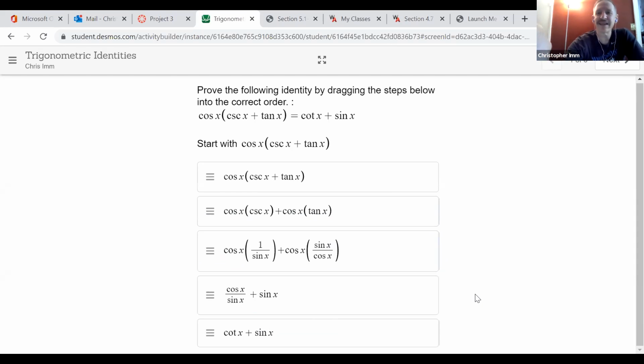So when you're doing these, my hope in making these projects is that they'll get you to think of a nice order to put these in, but they'll also have you work on one side to get to the other and think of the identities that I use. So to go from here to here, we use the reciprocal identity. Just be thinking about these things as you go through, and ratio identities.